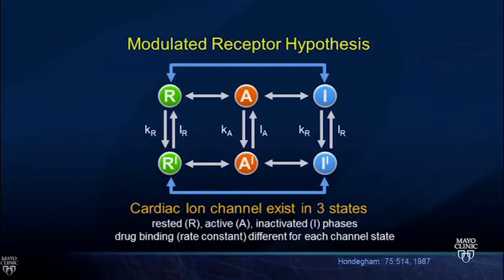Now the ion channels are not just open and closed, they go through a series of states. They can be either resting, active, or inactive. Depending on the state they are in, the drugs may have particular affinity to a particular state.